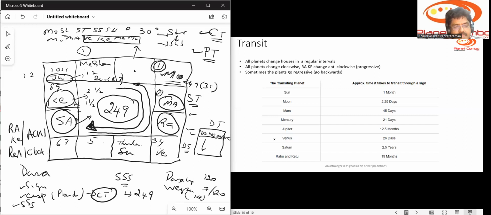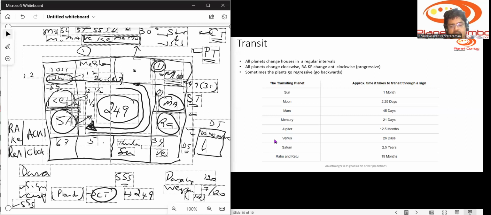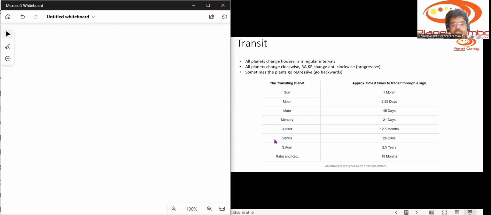Transit within the sign will happen more frequently, and I'll explain how that impacts the predictions later on. So this is the basics of transit. In summary, we have covered probably the most complex part of understanding in a few videos, right?